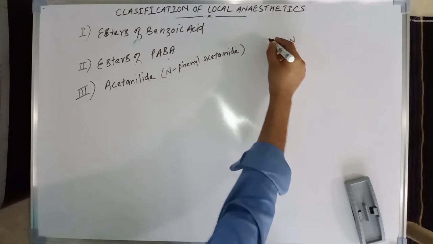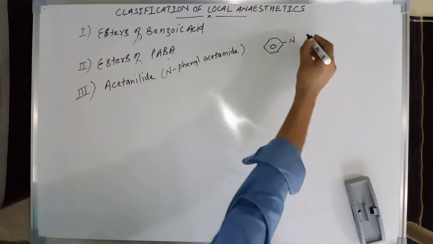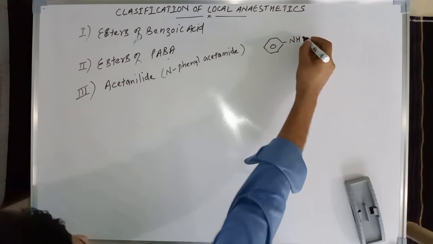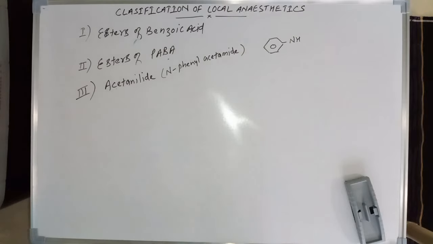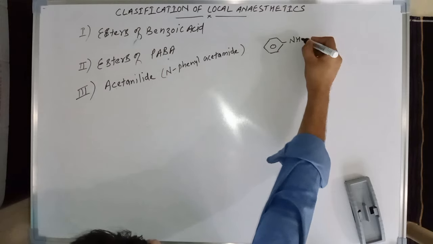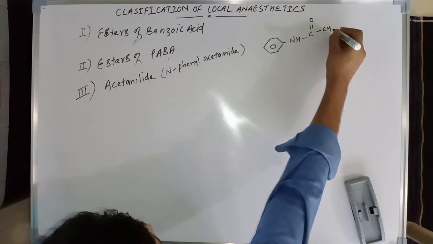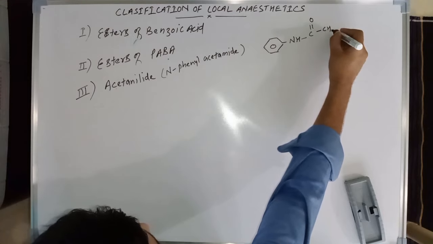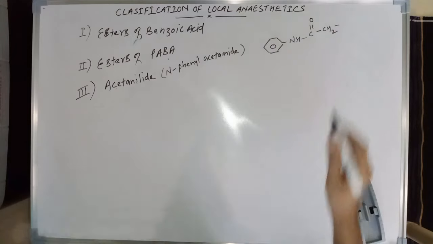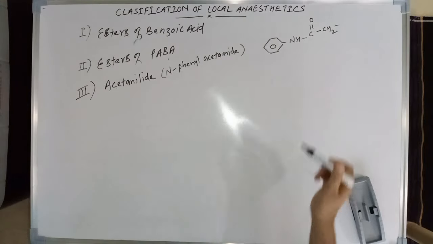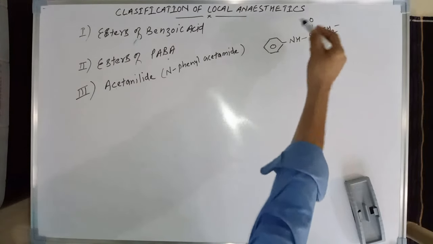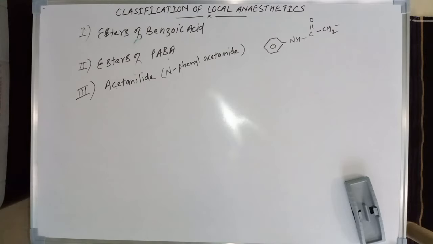This is the phenyl ring, this is your N-phenyl, and acetamide, C double bond O, CH2 dash. So this is your N-phenyl acetamide. Most of the drugs which come under this class, acetanilide, have this structure.